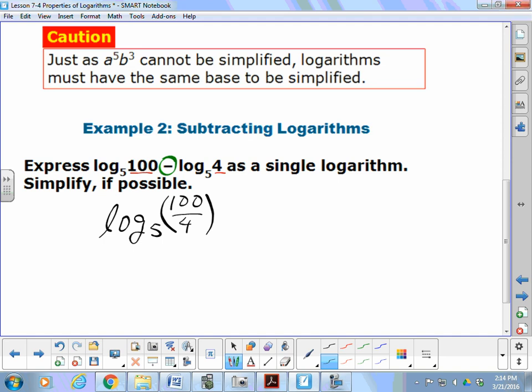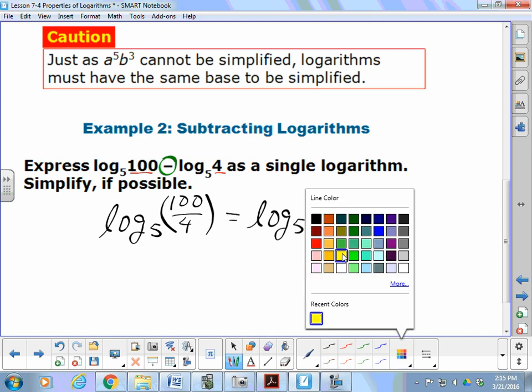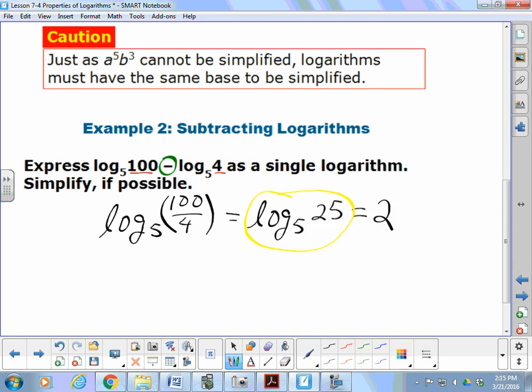So what's 100 divided by 4? Okay, 25. So log base 5 of 25. And 5 raised to what power is 25? 2. All right. So here we wrote it as a single logarithm, and here we simplified it to get 2.